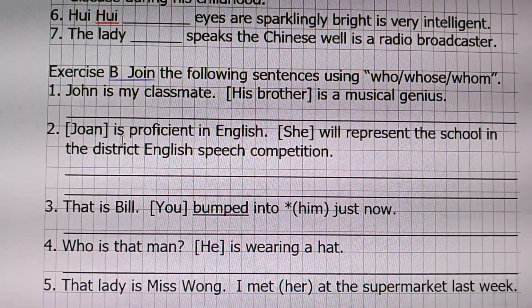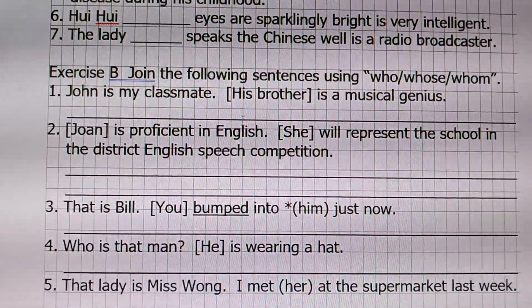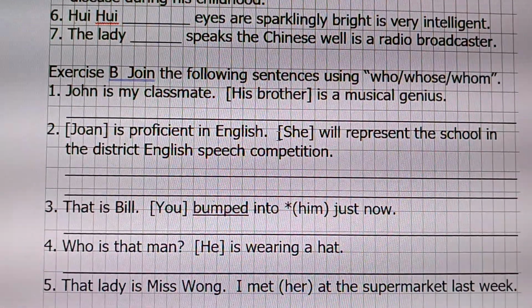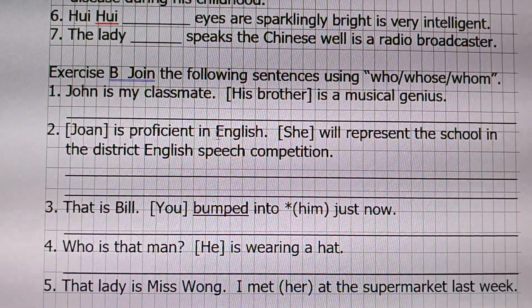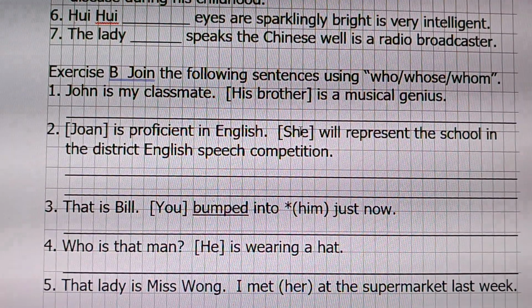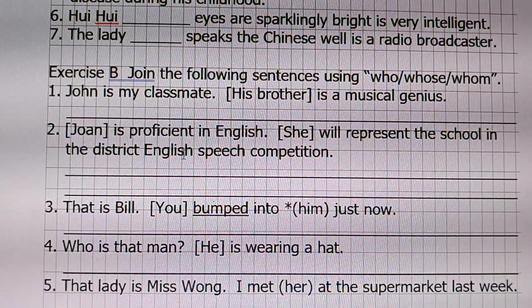So, number 2, Joan is proficient in English. She will represent the school in a district English speech competition. So, she is Joan. So, main clause. Joan is proficient in English. Of course, this is subordinate clause. Who? Joan who will represent the school in a district English speech competition is proficient in English.